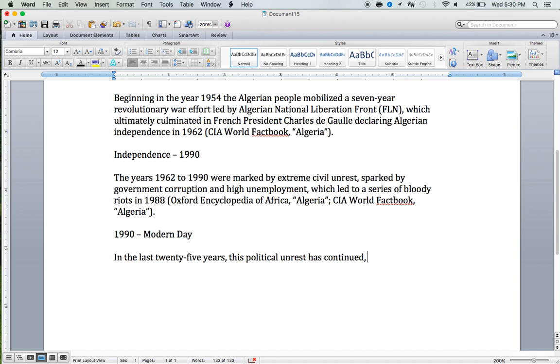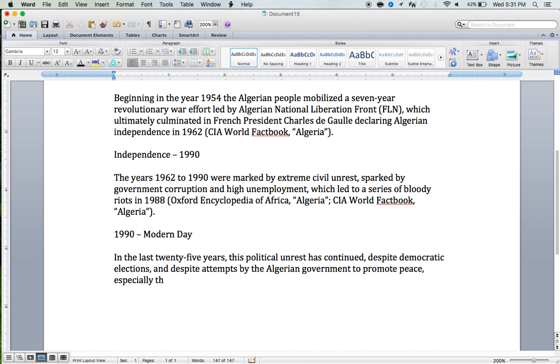But there were attempts, so this has continued despite democratic elections and despite attempts by the Algerian government to promote peace in this region. And they did this through a very specific program, especially through the year 2000, they called Civil Harmony Law.